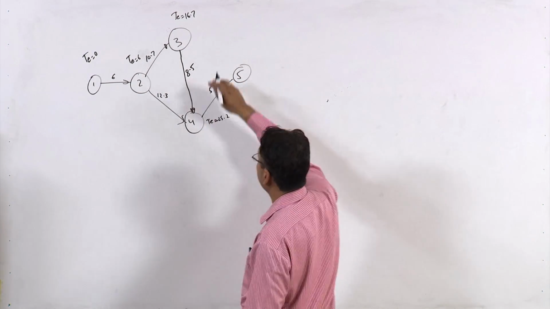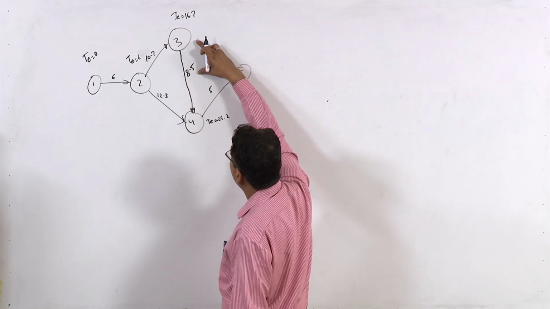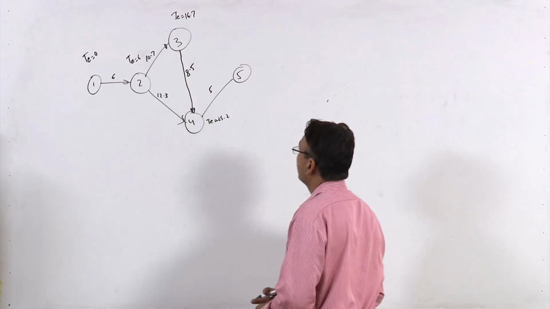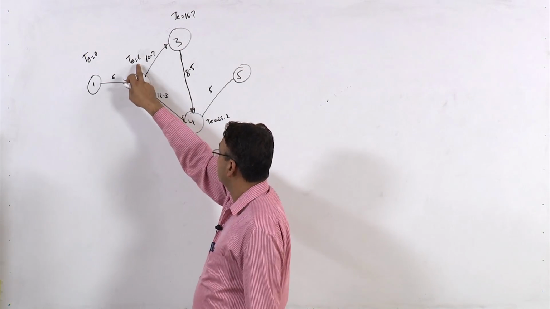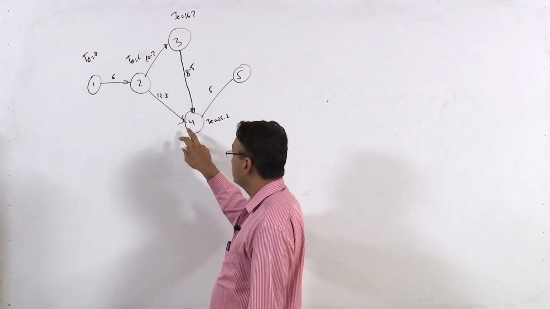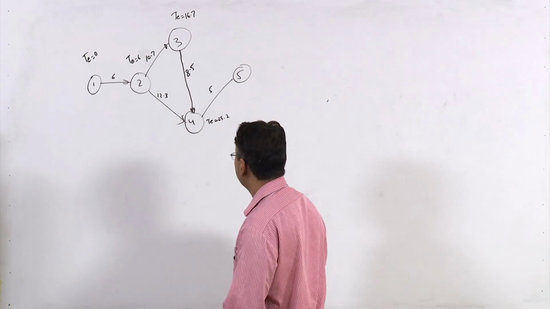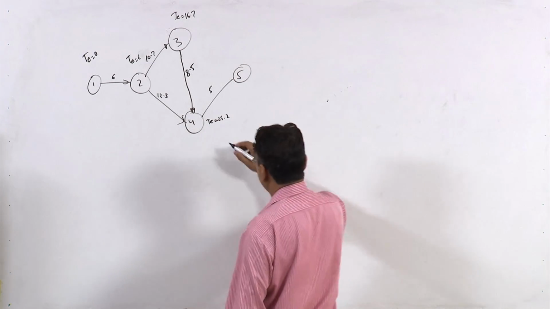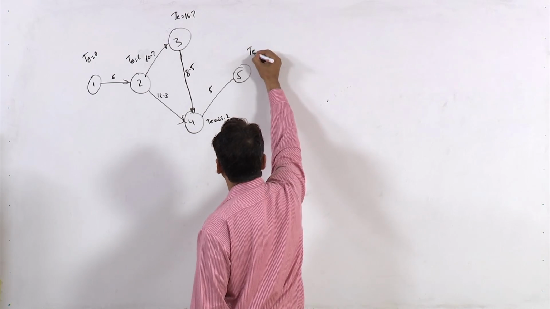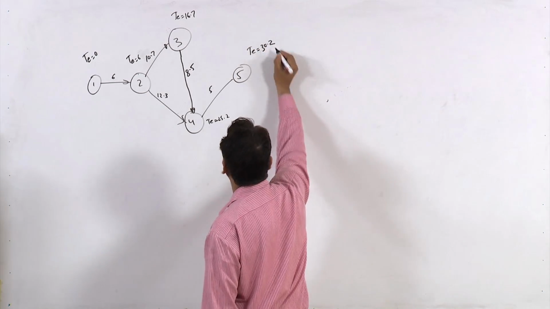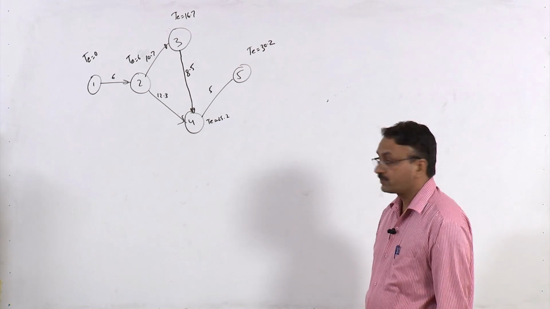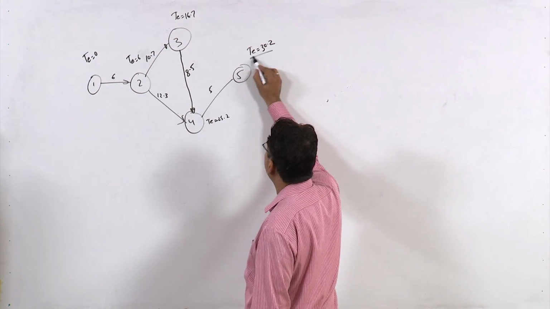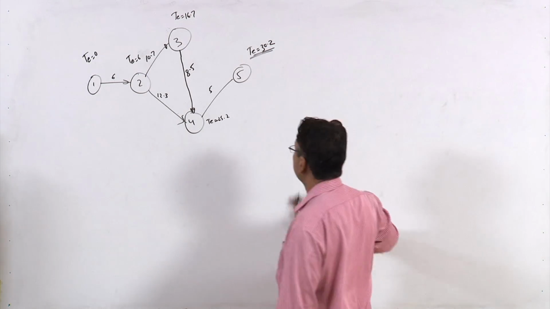Just add these two once again. This is 1.2 plus 24, 25.2. But if you come from here, then it would be 18.3. So we have to select the higher value. And then TE at this node is 30.2. So the probability that the project would be completed in this much time is 50%.